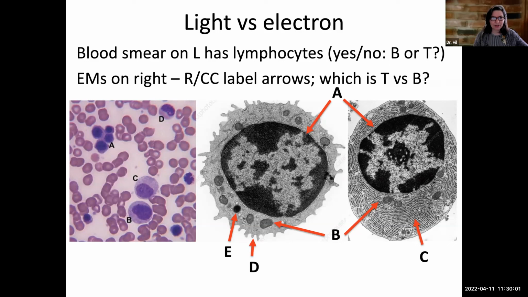Which one's which? What do you think? So let's say the image on the right that looks like a fingerprint in the cytoplasm. Is this the T or the B? Put that into the chat. Just put your guess in. And this is one where you're not allowed to abstain. I don't expect you to know, but just put your guess in as to which one this one is on the right-hand side.